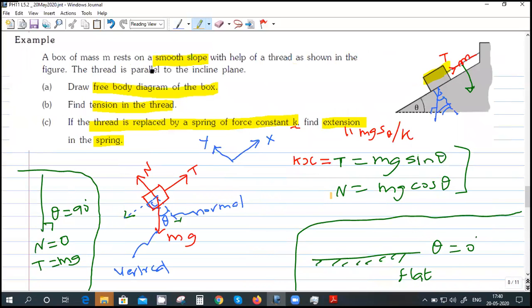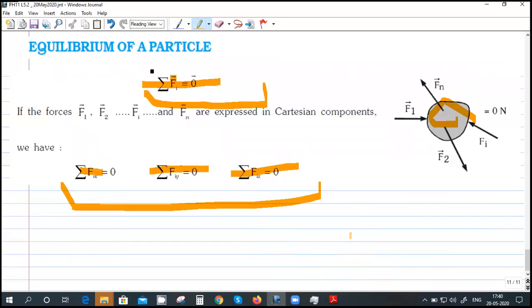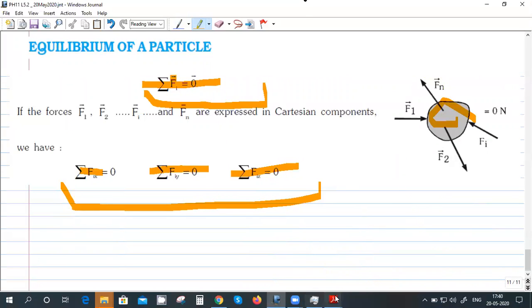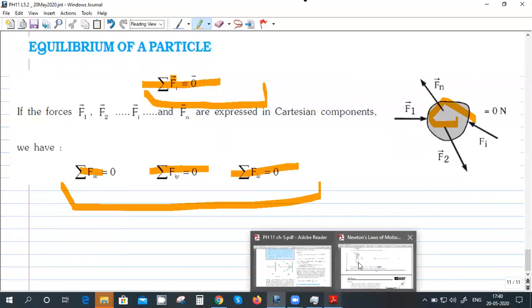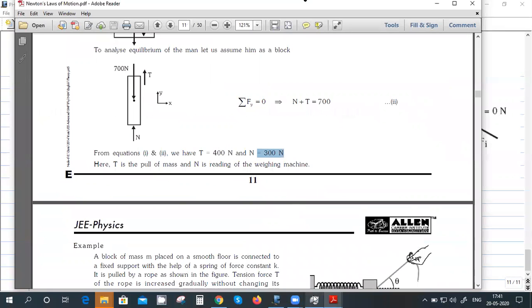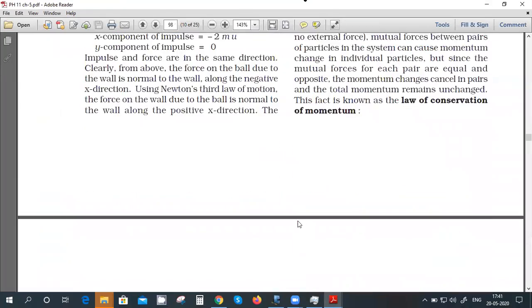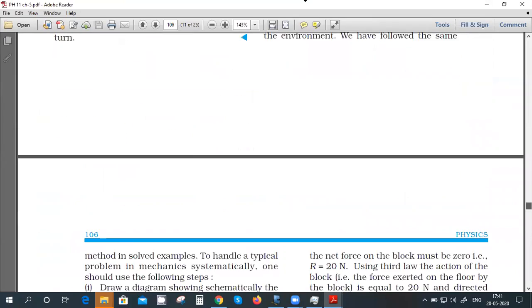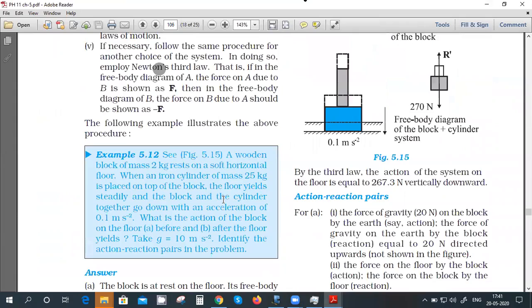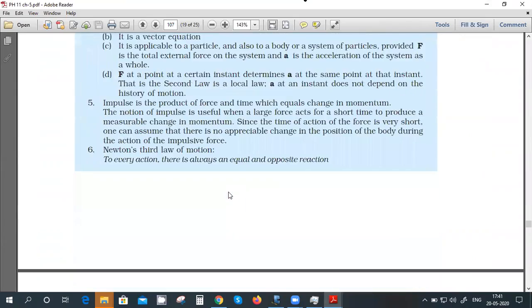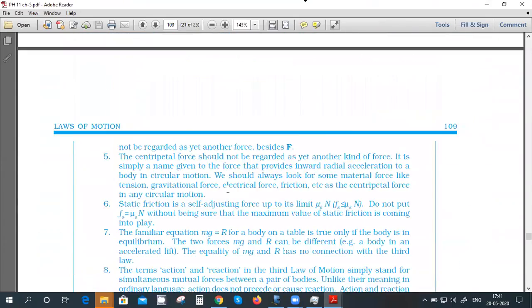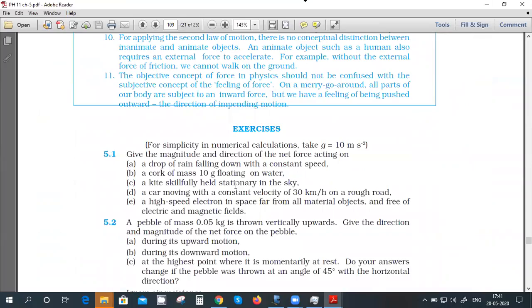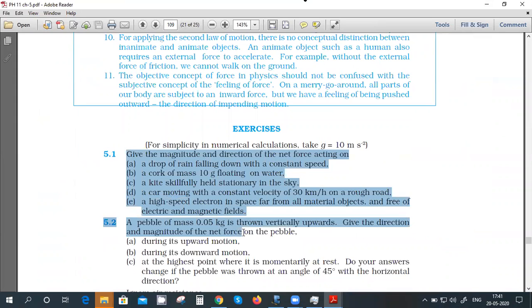So any questions? No, sir. I have put this text in the PDF folder, so you can solve the example problems and exercise problems. Almost every example is solved, so you can solve the exercise problems now.